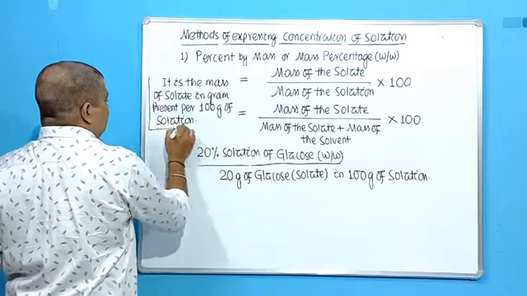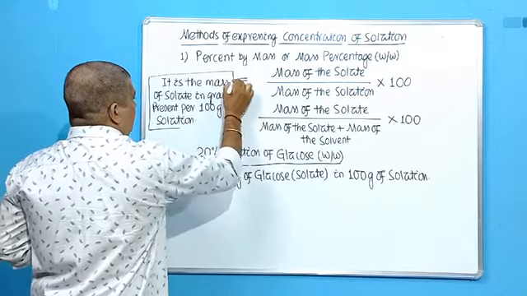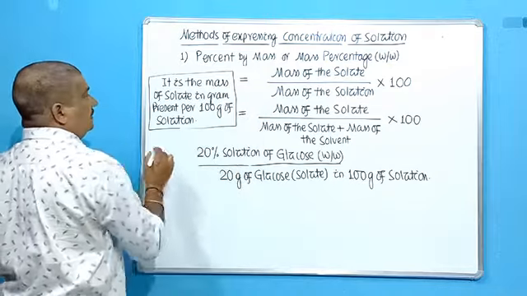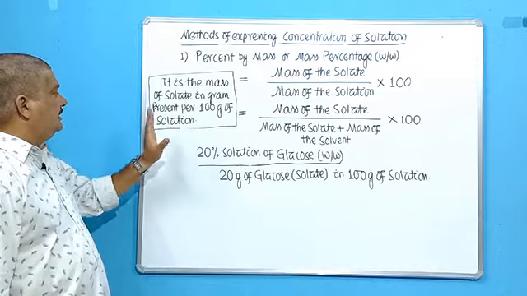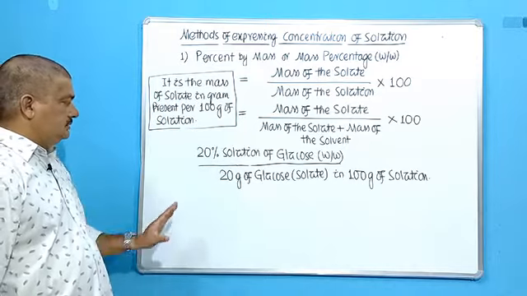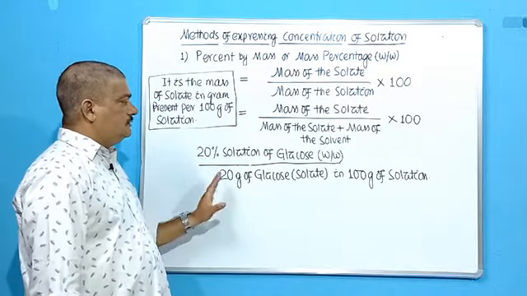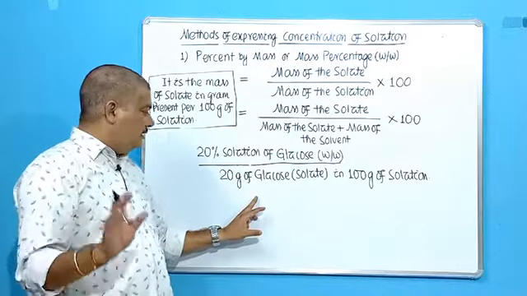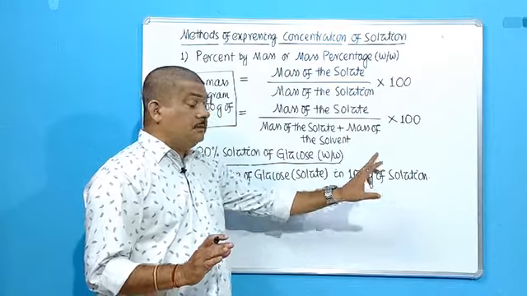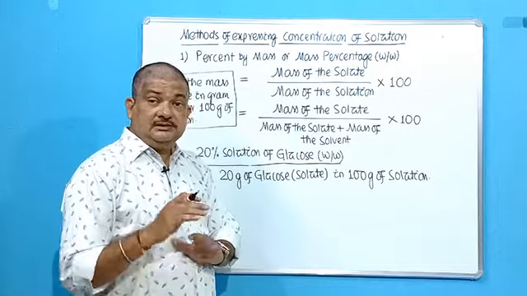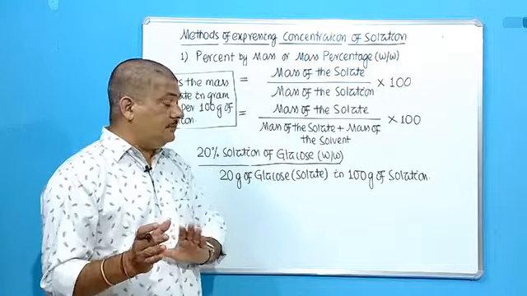So this is the definition of mass percentage: the mass of solute in grams present per 100 gram of solution. So a 20% solution of glucose means 20 gram of glucose is present in 100 gram of solution. Solution means solute plus solvent.